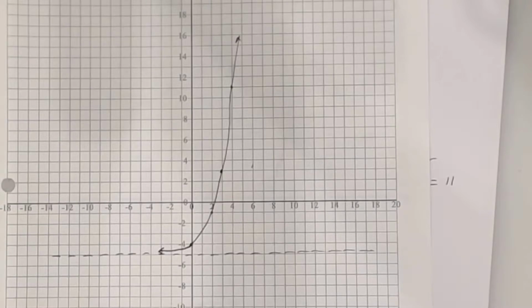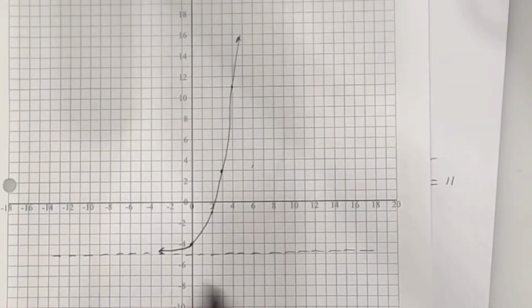Notice this one though. Does it have an x-intercept? Yes. And the reason it has an x-intercept is because the horizontal asymptote was located below the x-axis and the graph was above the horizontal asymptote. There will be situations where you're going to get this kind of graph, where it's below the what?